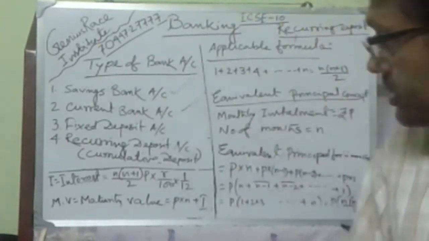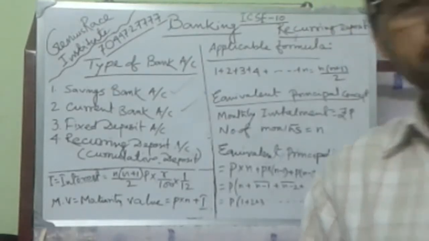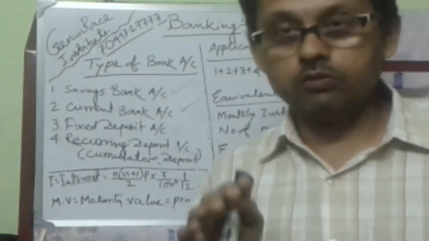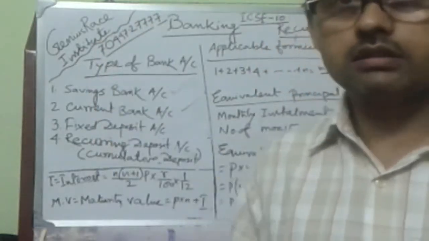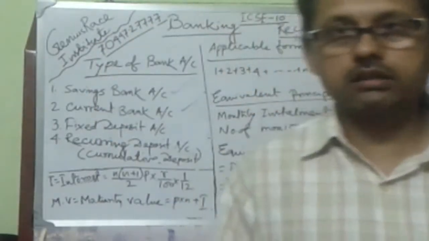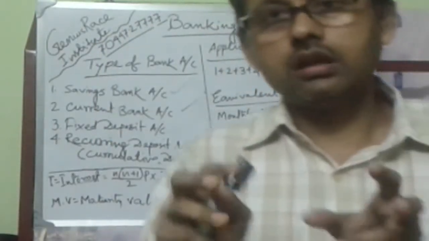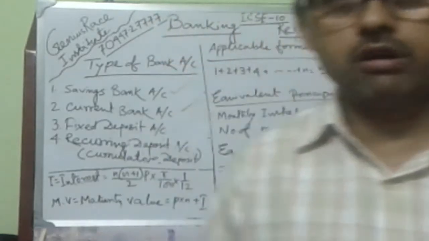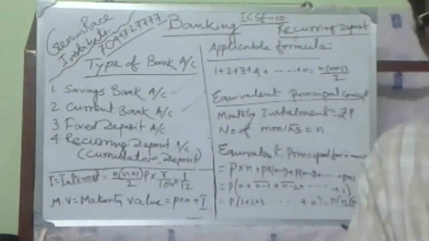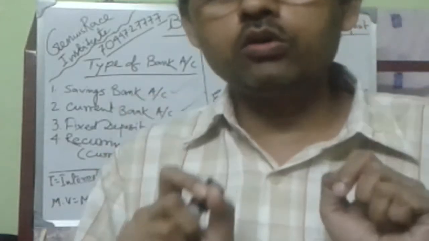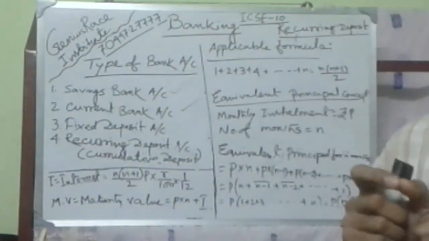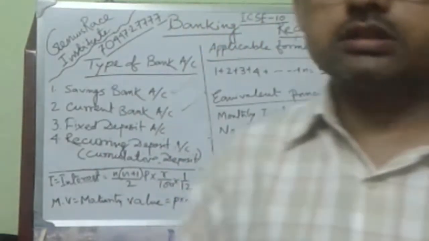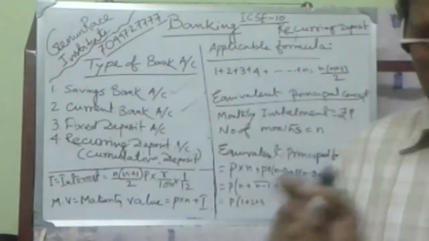Fixed deposit account. Say you have some lump sum amount of money and you want to deposit it for 5 years. You go to the bank, talk to the manager, fill up the form, and deposit the money for 5 years. During these 5 years, you won't withdraw any money, and you don't have to deposit any additional money.